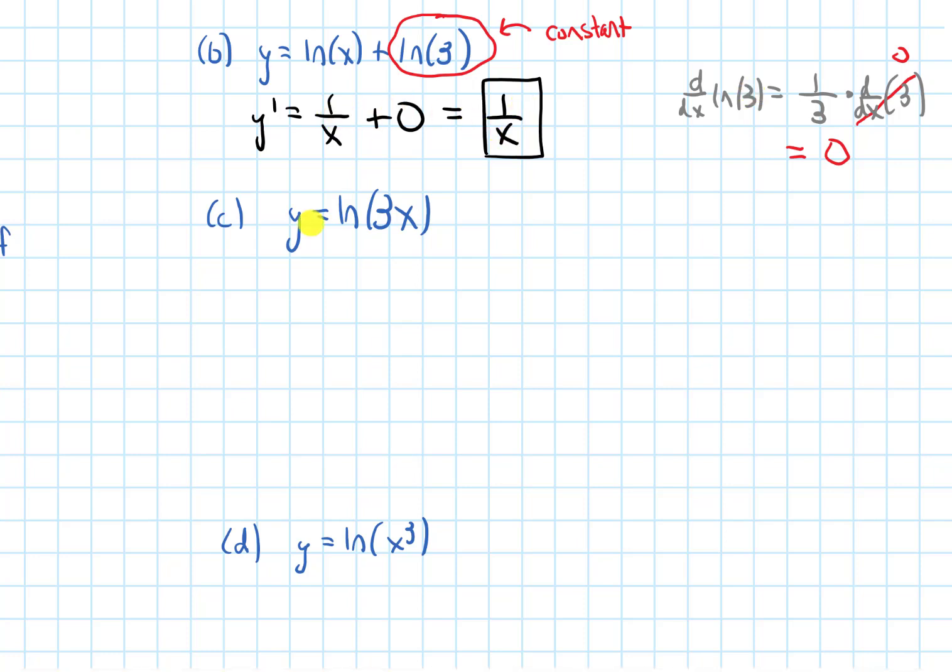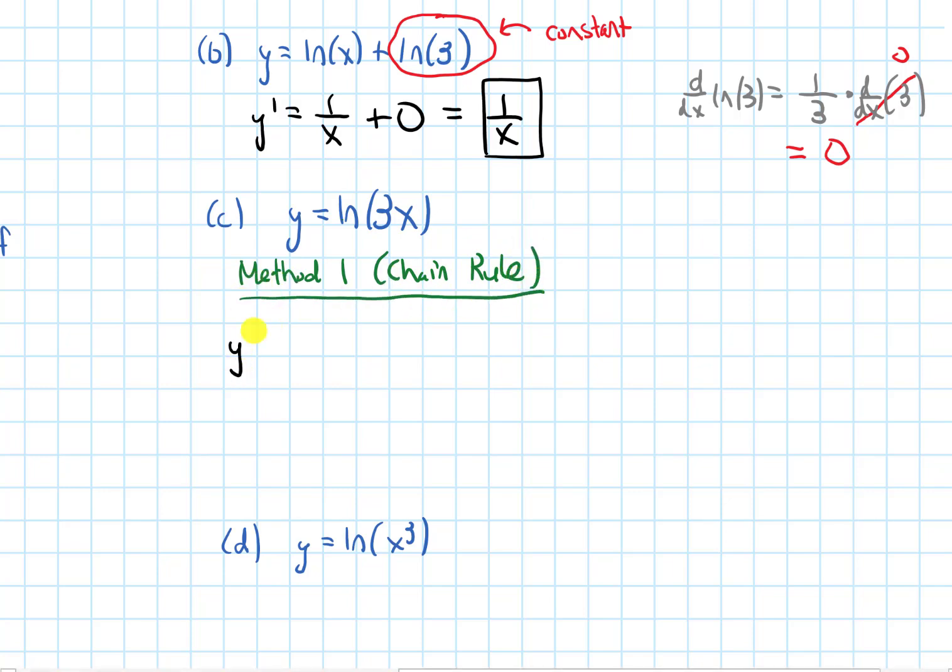Okay, let's do part C. y equals ln of 3x. I'm going to do this in 2 ways. Method 1 is to notice we have ln of some stuff, so we can do chain rule. Doing chain rule, we'll get our derivative equals 1 over the stuff, 1 over 3x, times the derivative of the stuff, so times the derivative of 3x.